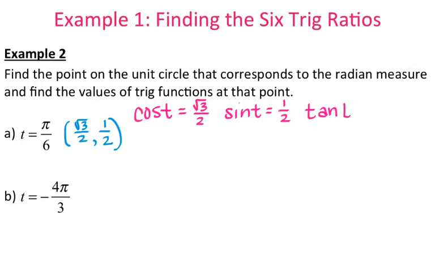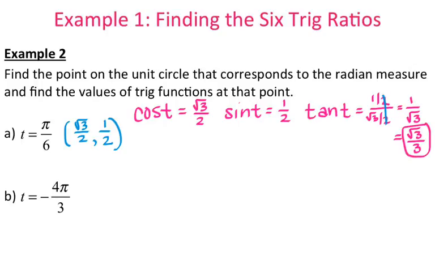Tangent is y over x, so I have 1/2 over root 3 over 2. Since those denominators are the same, they cancel, leaving 1 over root 3. Can't really have radicals in the denominator, so that gets changed to root 3 over 3.